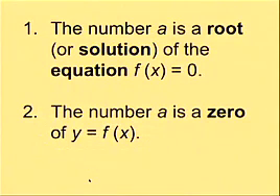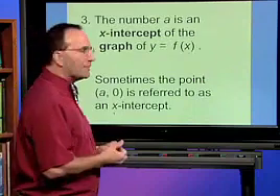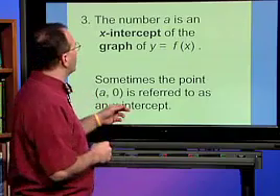The number a is a root or a solution of the equation f of x equals 0. The number a is a 0 of y equals f of x. And 3, the number a is an x-intercept of the graph of y equals f of x. Sometimes the point a comma 0 is referred to as the x-intercept, or, as I said, just the number a is the x-intercept. All right, great.